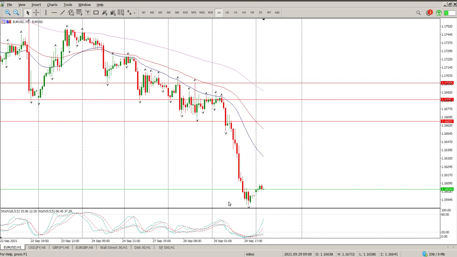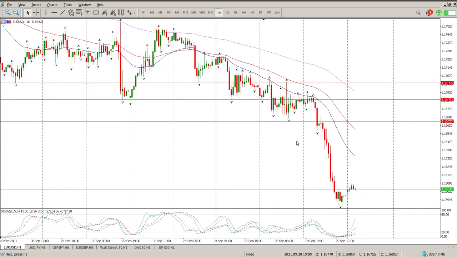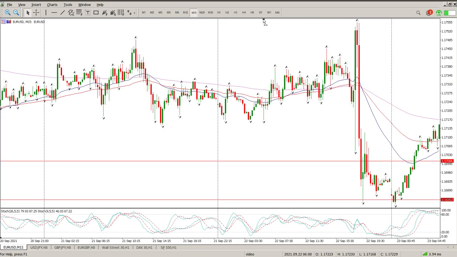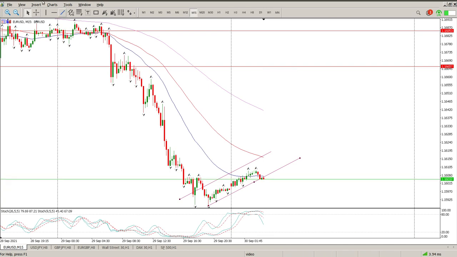At the moment I think that the move is done. I would expect some kind of a pullback onto structure, and I don't see much structure here, so it might just form a flag. So what you'd be looking at the moment is something like that onto some form of structure, and the only way you're going to find structure is going to be on the 15-minute.